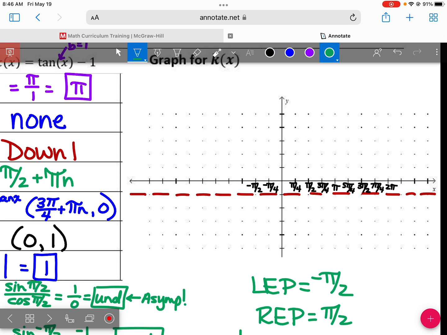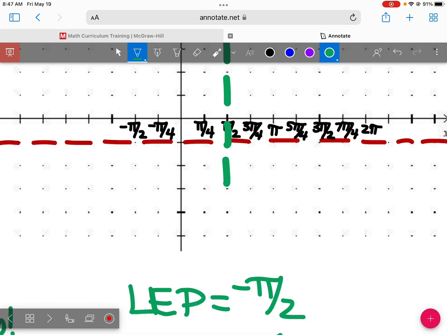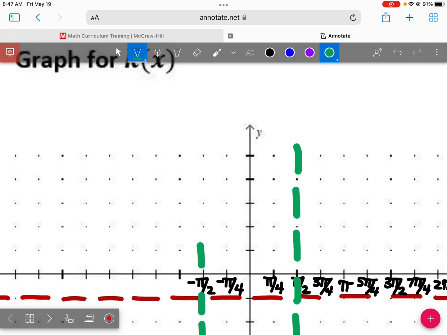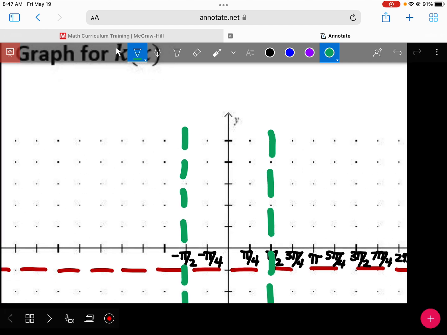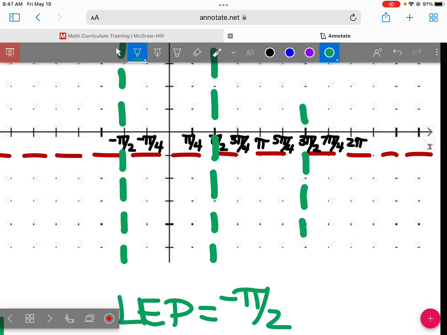We have asymptotes at pi over 2. I know I've got another one at negative pi over 2. Since we're counting by pi over 4s, that would be every 4 spaces over after that. 1, 2, 3, 4. So there's going to be another one over here at 3 pi over 2.